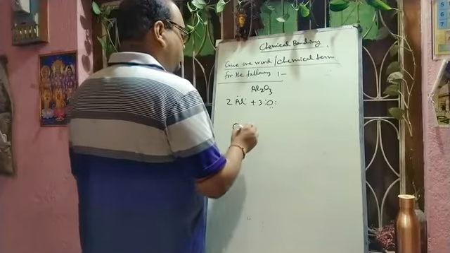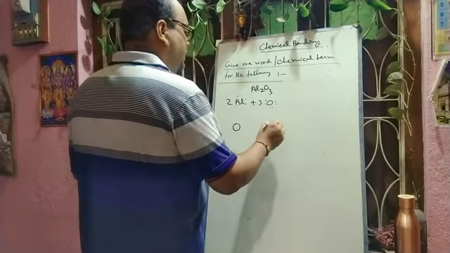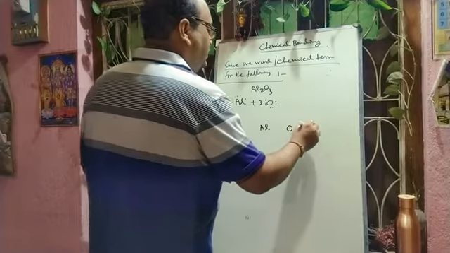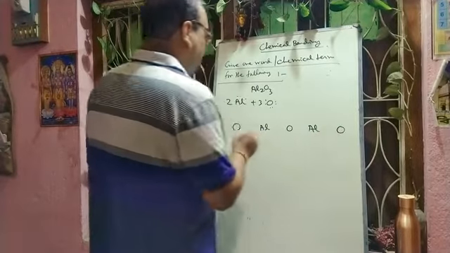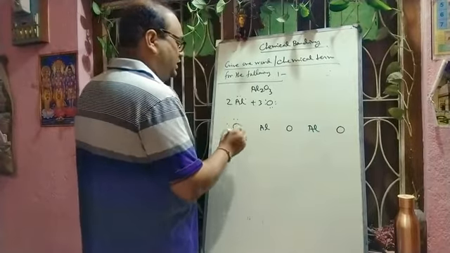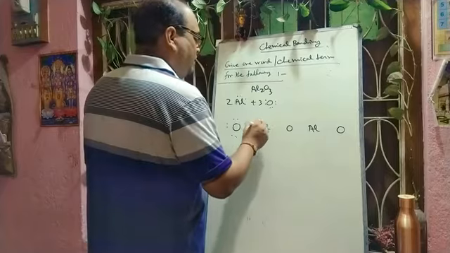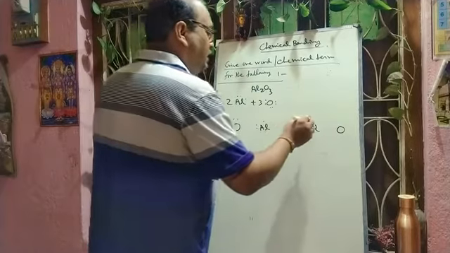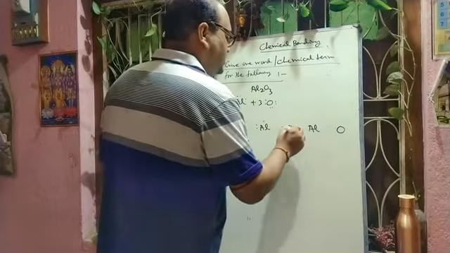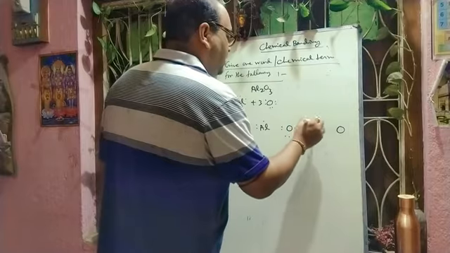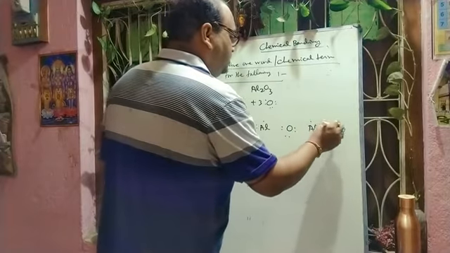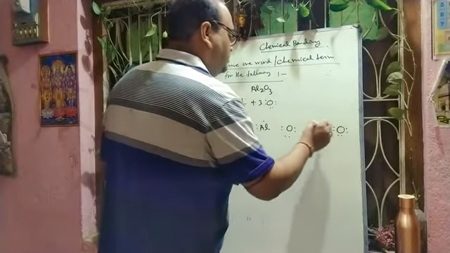First will be oxygen, then Al, then again oxygen, then Al, then again oxygen. Each oxygen contains 6 electrons, and each aluminum contains 3 electrons.